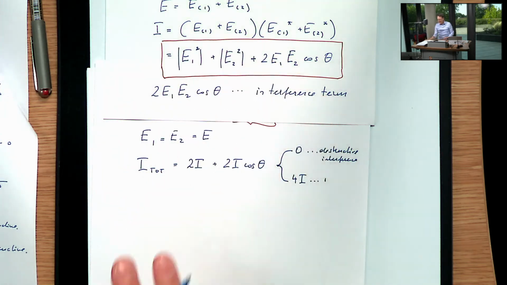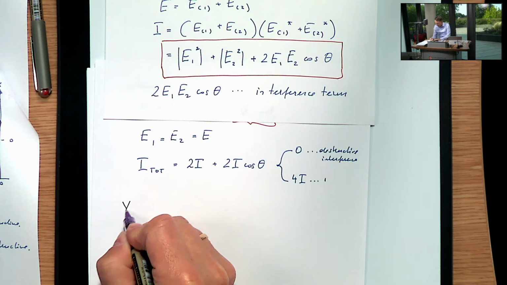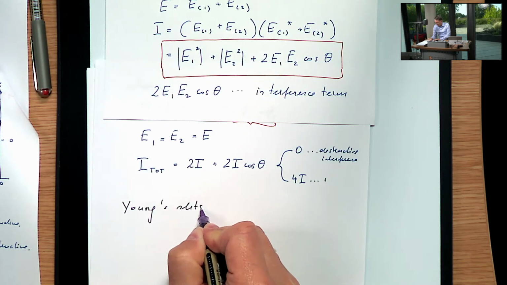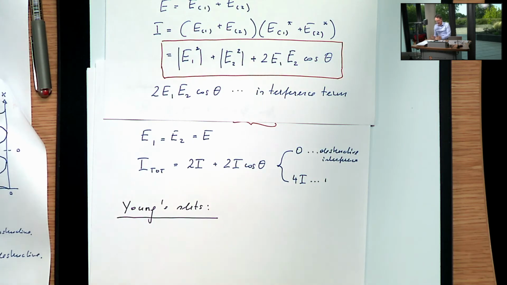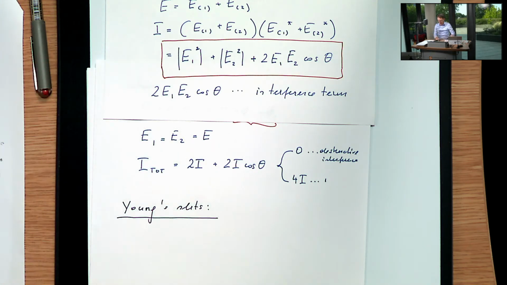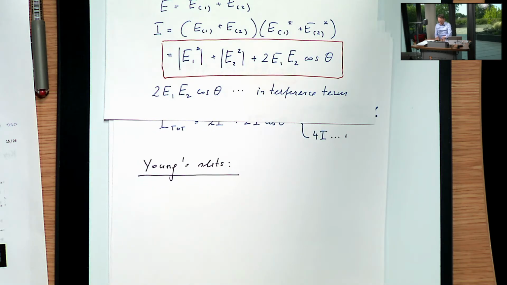So with this formulation, we are already able to look at one incredibly important example of interference, which is the Young slit experiment. So let's consider the following experiment.